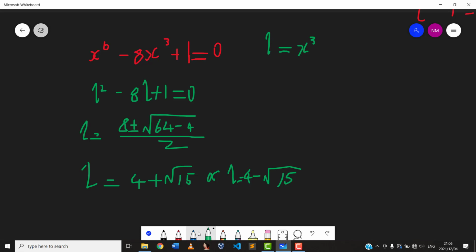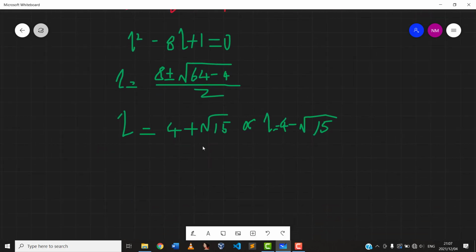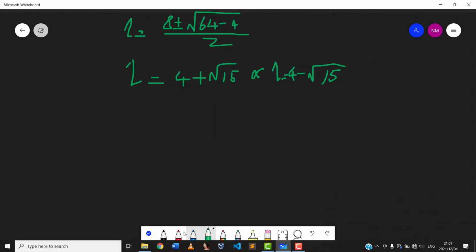So now we've got to, this is also basically saying 4 plus square root of 15 equals x cubed. So you just do an equation now to get the answer in terms of x. So you can say 4 plus square root of 15. Let's work with this one for now. Equals x cubed.